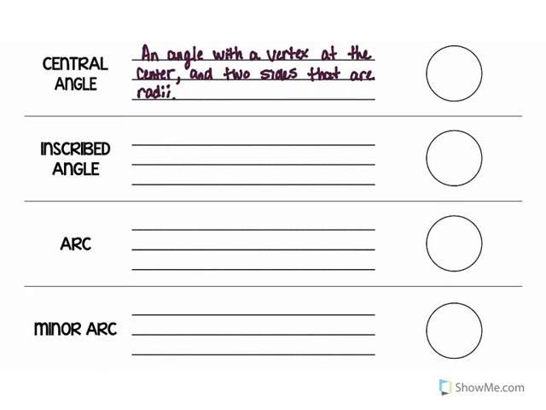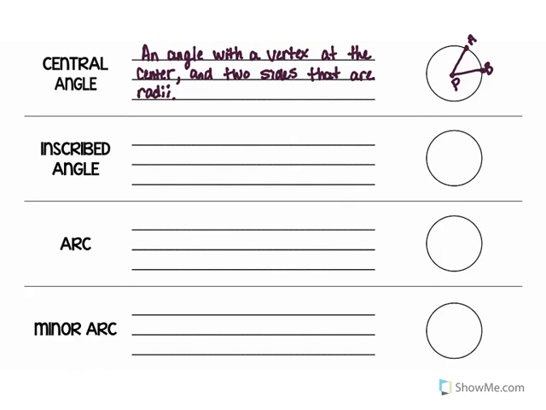So we have the vertex at the center, and PA and PB are each a radius. So the two sides are radii.